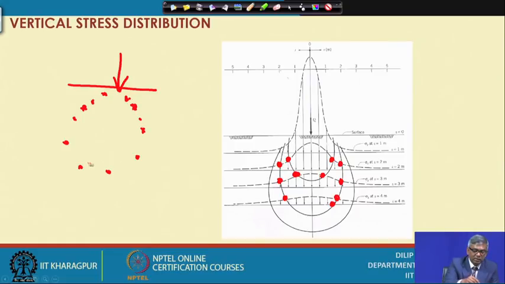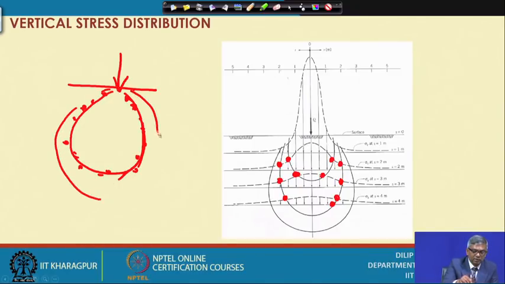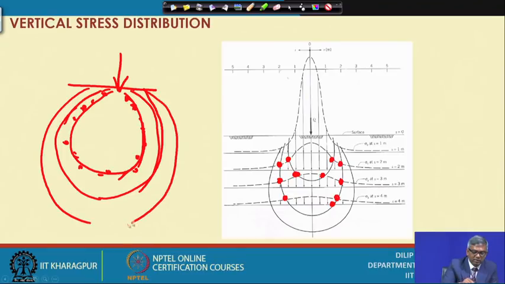As a result, we may get equal stress values, it will be like this, suppose. Similarly, I get another set, something like this, equal stress. I may get another equal stress like this.